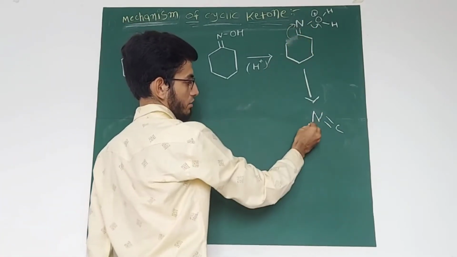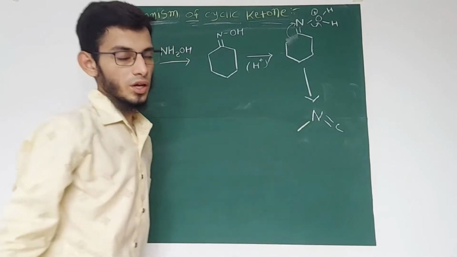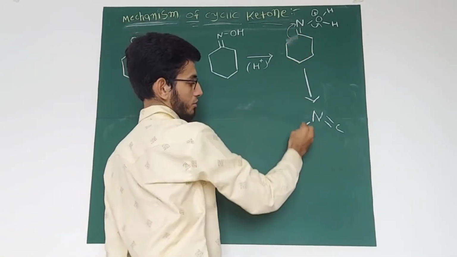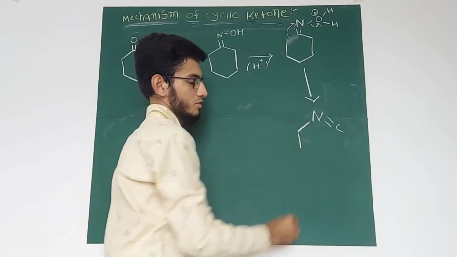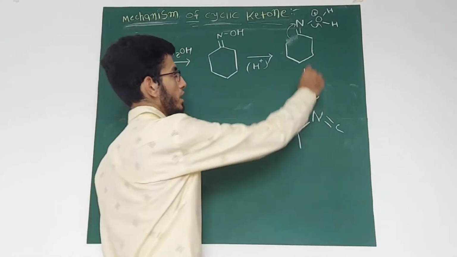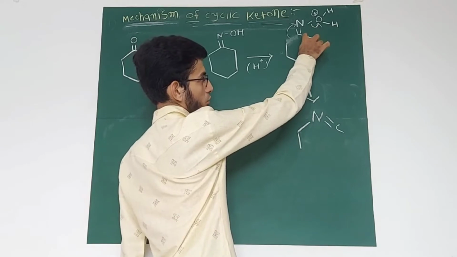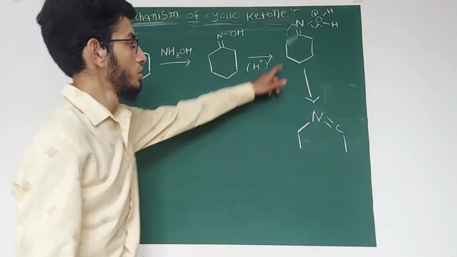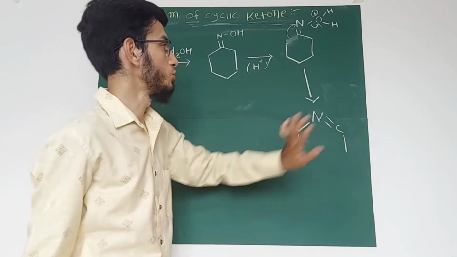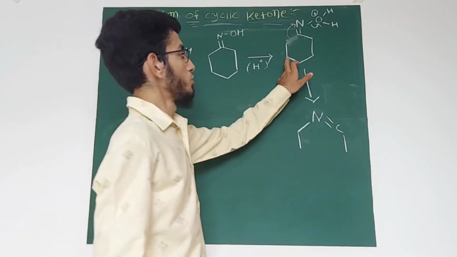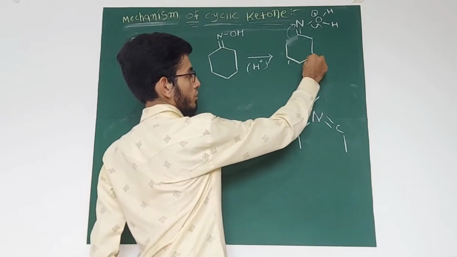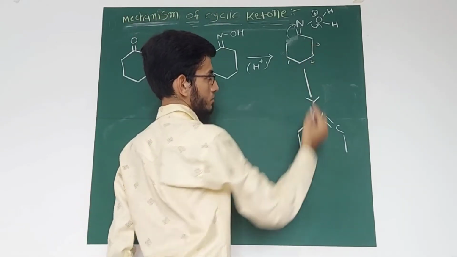Okay, so I am writing here, after this bond, we should write it like this, and after the carbon we should write this bond. One and two, one and two. After this, the remaining three bonds, one, two and three.